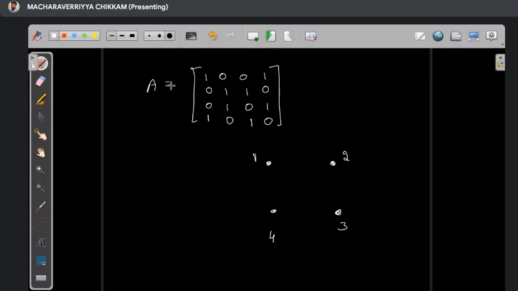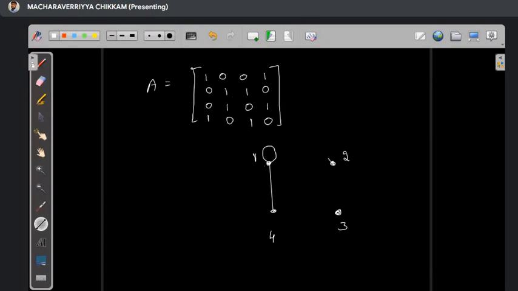Okay. So now there is a loop at 1. And one is not connected to 2 anyway. One is connected to 4 only. Fine. So one is connected to 4. And next, how about the second row? It means the 2 is connected to 2.